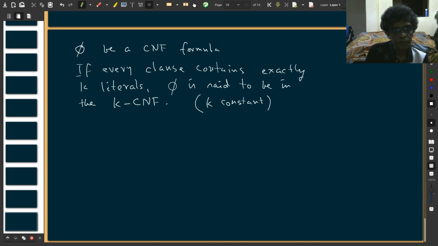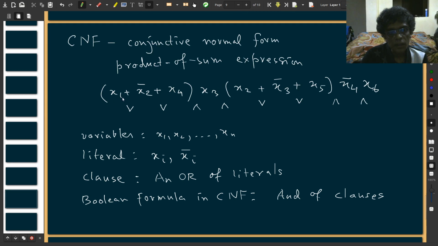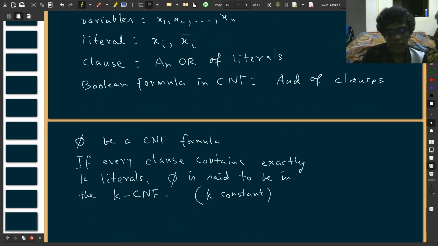Positive integer. Okay. So now, for example, this is a 3 literal clause, 1 literal clause, 3 literal, 1 literal, 1 literal. So this is not in some KCNF.